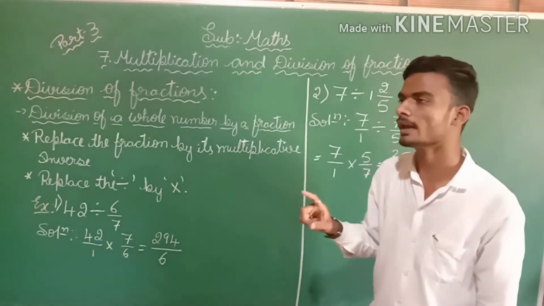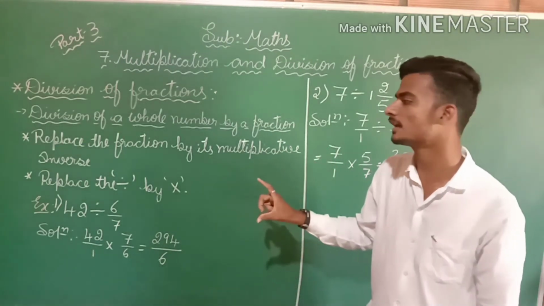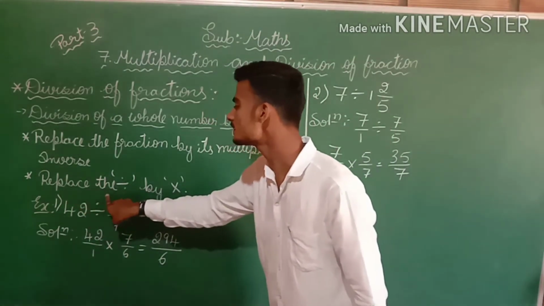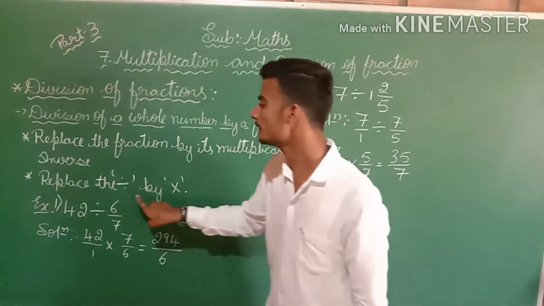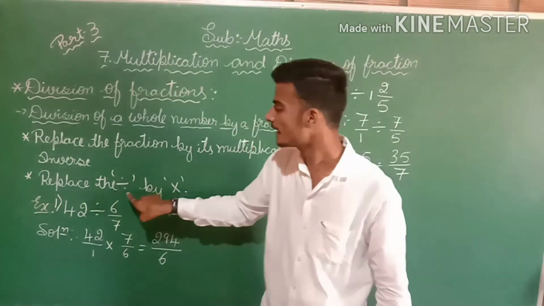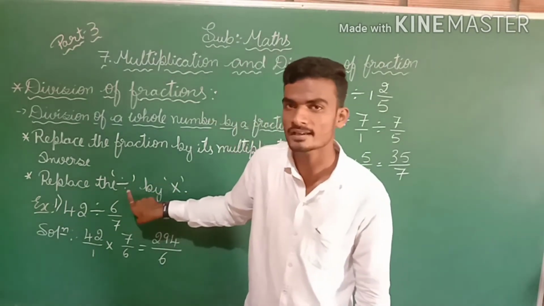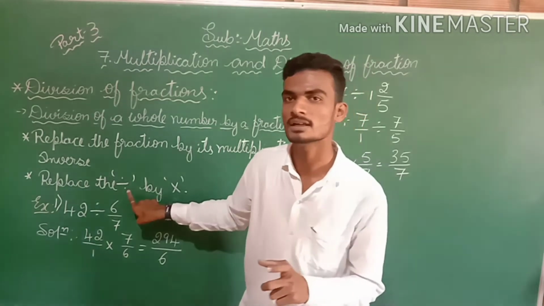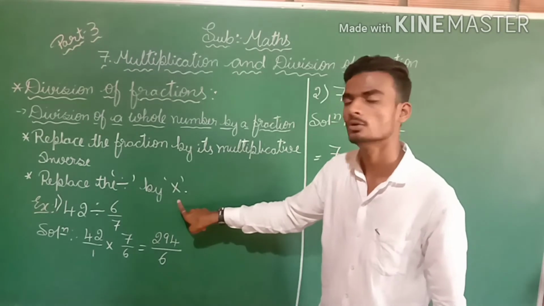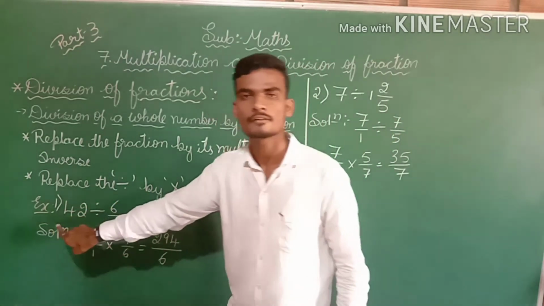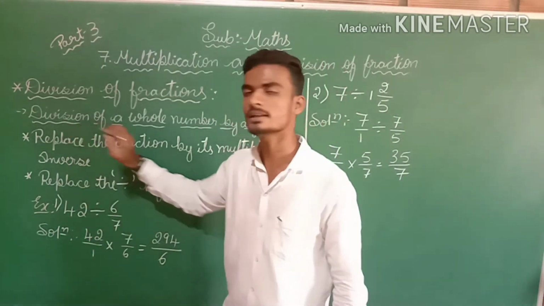Okay, reciprocal we have to make for the given fraction. Then replace the divide by with into. If the division symbol arises, in the place of the division symbol we have to write into. Okay, now let us see one example regarding this topic.